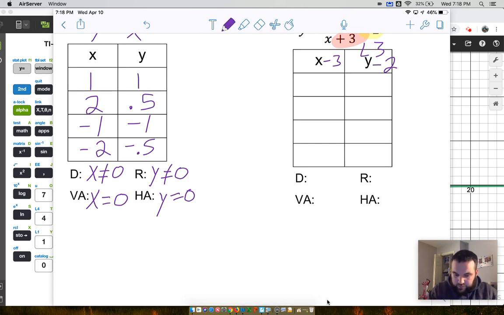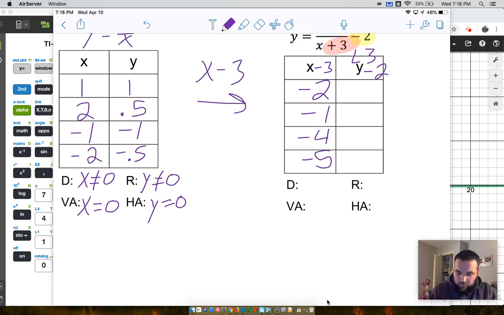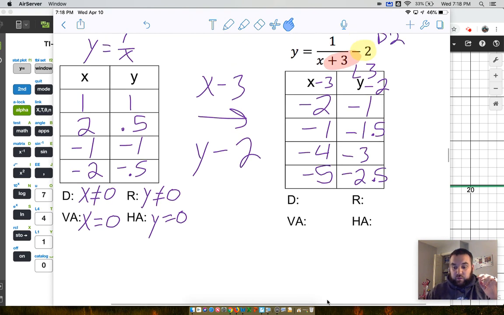So +1, this becomes -2, that's -1, -4, and -5. Okay, and then for the y coordinates, I'm going to take away 2 from each of those. So I'm just going to take those and subtract 2. -1, -1.5, -3, and -2.5. But here's what's interesting, is that the domain and range completely switch.